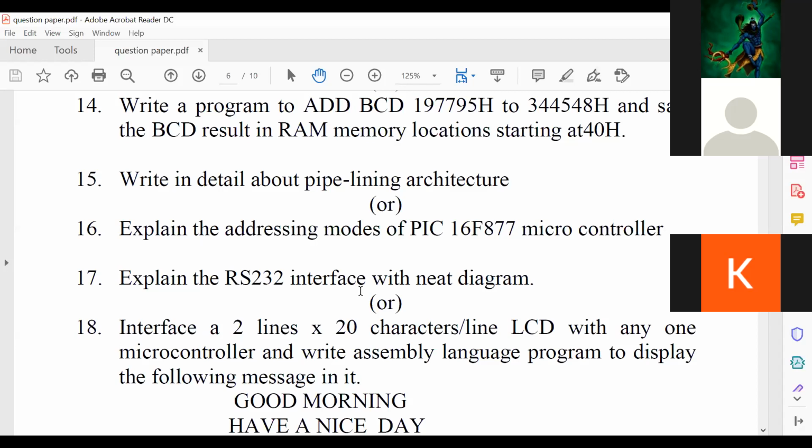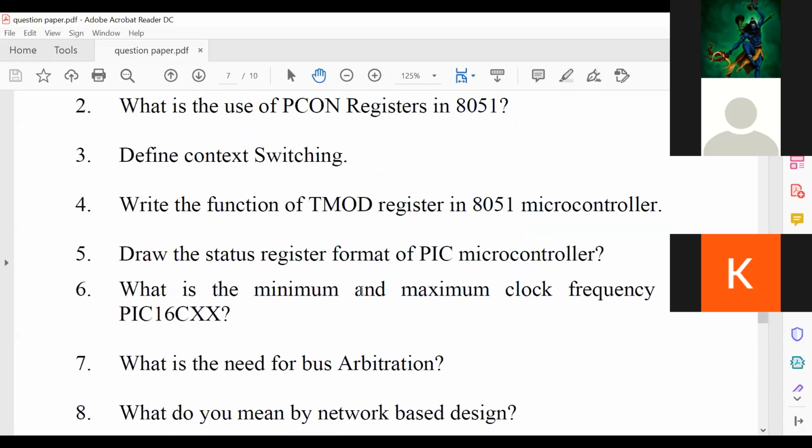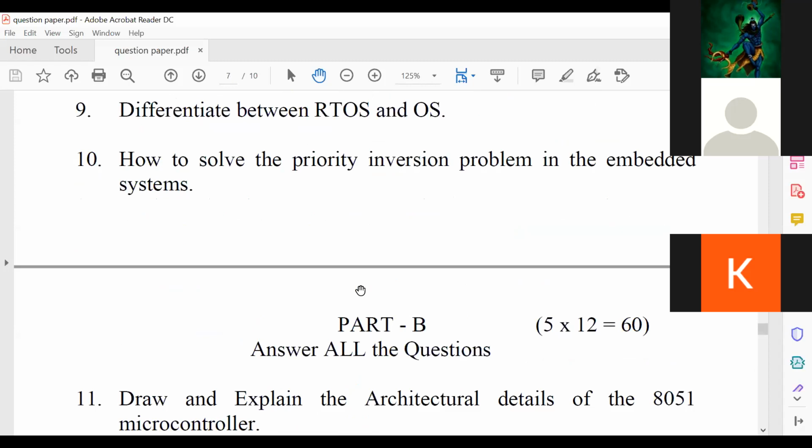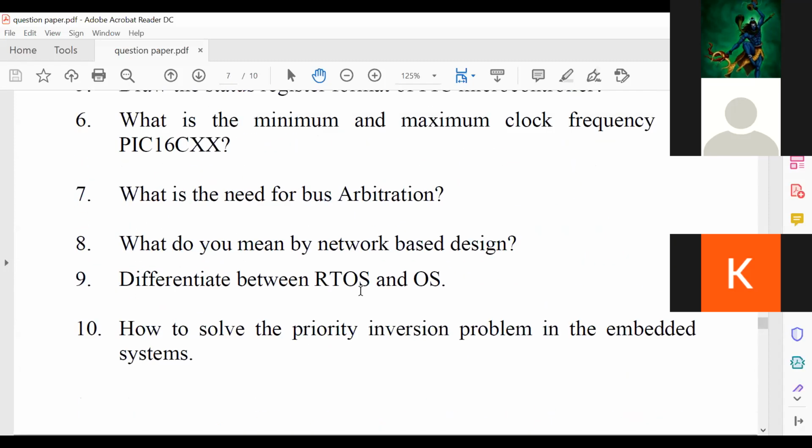What does DB stand for? Data bus 9 pin, data bus 25 pin. Can anyone remember what the 9 pins in RS-232 are? What are the 9 pins? Don't know the 9 pins.